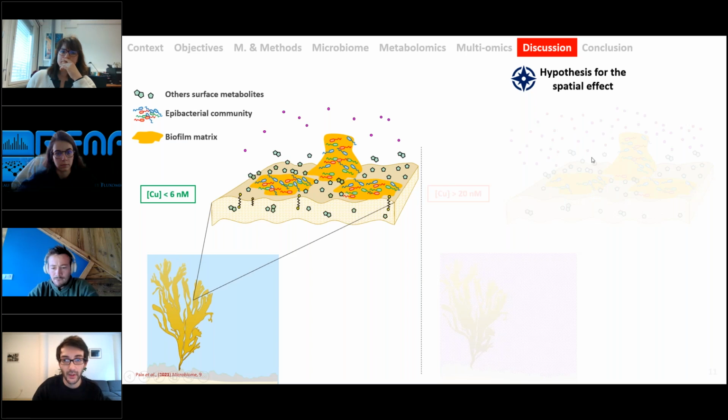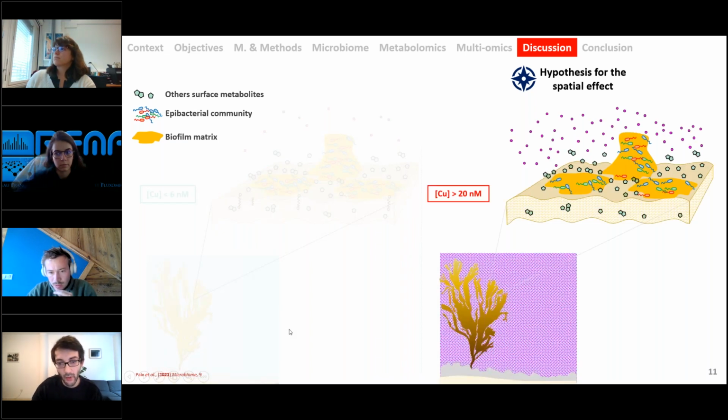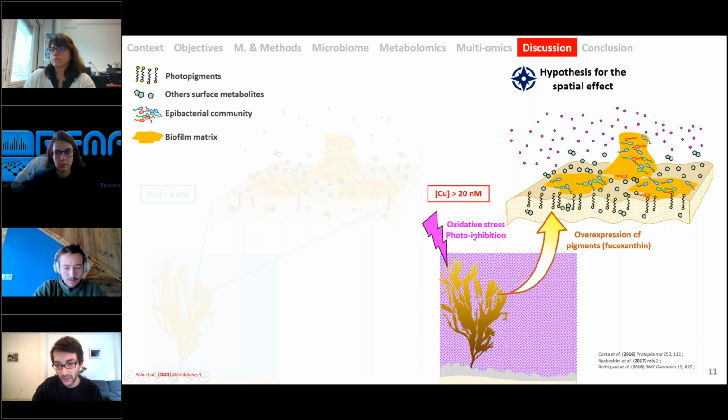So the effect of the copper: on the left, when we are in a situation where we have a low level of copper contamination, we have basically a normal situation. But when we are on the right, with high copper concentrations, these concentrations can induce an oxidative stress and photoinhibition on the algae. And against this stress, the algae will fight by overproducing some photopigments, but also antioxidants like the fucoxanthin.